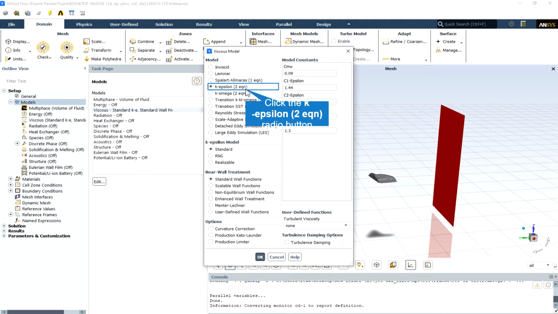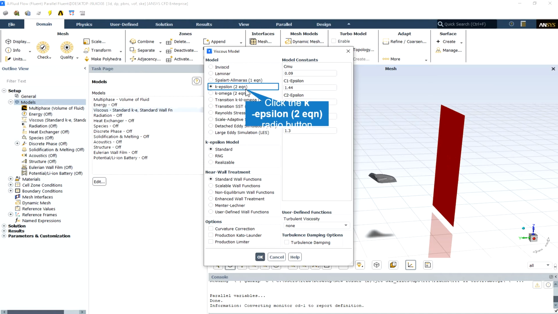The standard k-epsilon model is a model based on model transport equations for the turbulence kinetic energy, k, and its dissipation rate, epsilon. The model transport equation for k is derived from the exact equation, while the model transport equation for epsilon was obtained using physical reasoning.